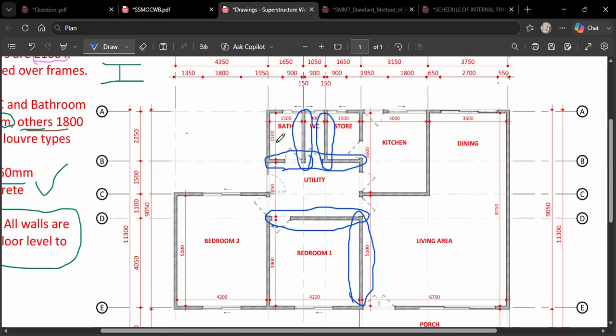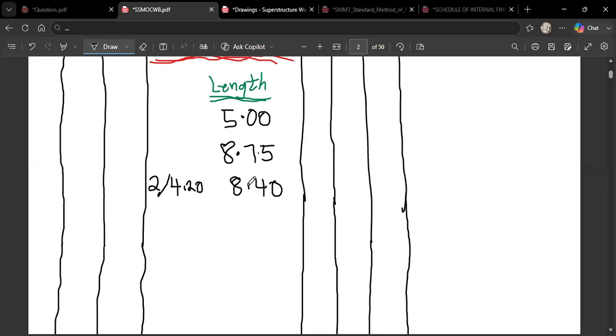So that's 2,100, and 2 times 2.10 is going to give me 4.20. Which other one again?